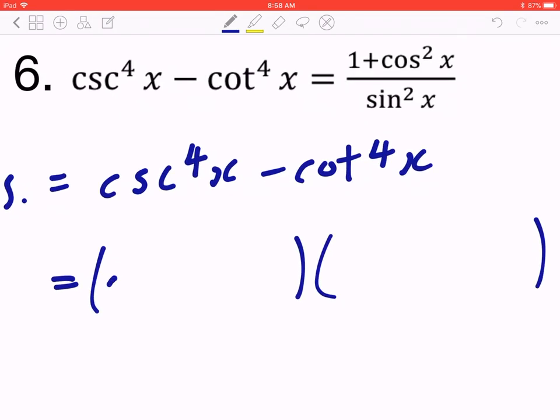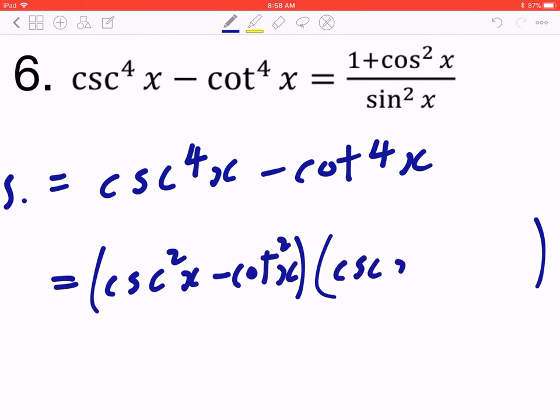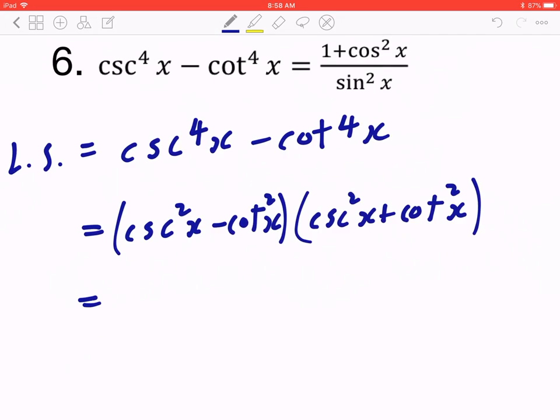So the first step is you want to factor using difference of squares, which means this is cosecant x squared minus cotangent x squared times cosecant x squared plus cotangent x squared. Again, if you look at the right, beginning with the end in mind, everything is in terms of sine and cosine.